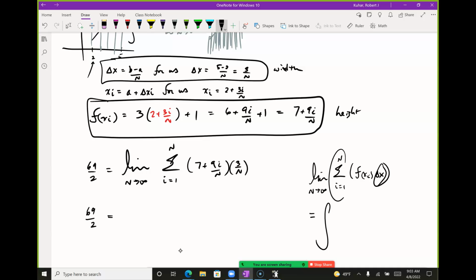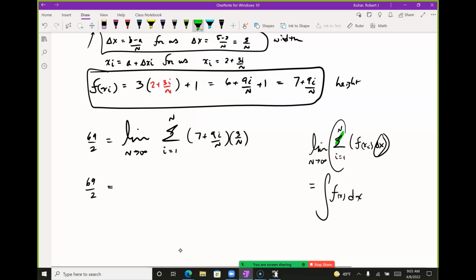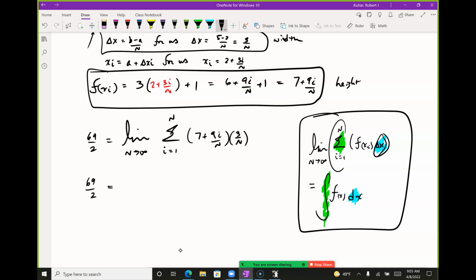And delta x becomes dx, infinitely small widths of the rectangles. And of course my function is still f of x. So that's kind of a beautiful little piece of this: this letter S becomes the integral, which is a letter S, and the delta x becomes dx.